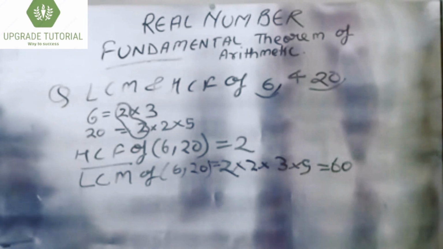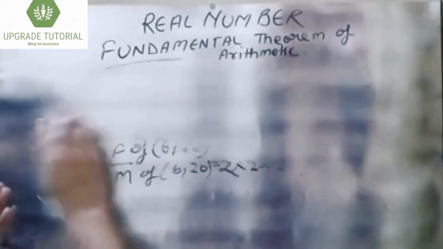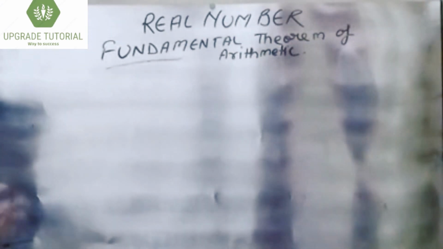Now there is a relation between LCM, HCF and the given numbers. What is this relation?